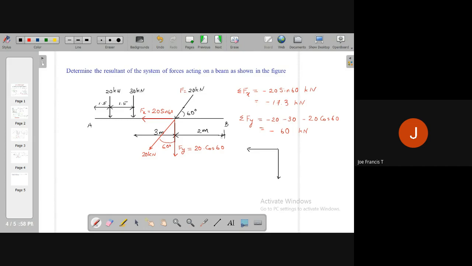This is your Fx, 17.3. I'm not taking the negative sign because I have already taken the direction. And this is 60, that is your Fy. You need to represent these two forces graphically, and then you will find the resultant. The resultant will be in between these two.